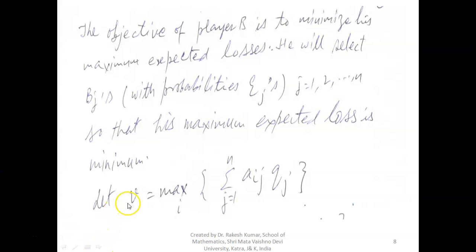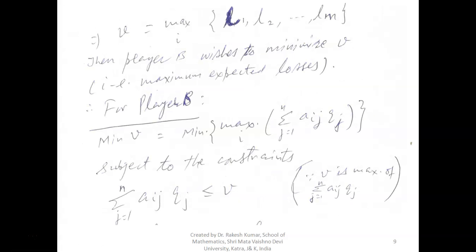So let V equal to the maximum over i of summation over j from 1 to n aij qj. That is, V is equal to the maximum over i of L1, L2, Lm. These are the corresponding losses. Then player B wishes to minimize V, that is, the maximum expected losses to him.